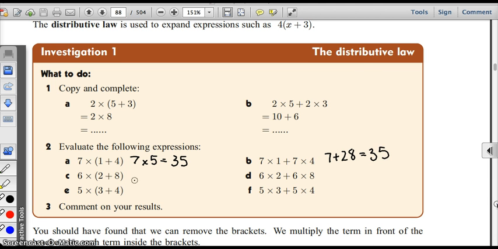This one, Tish? 6 times 10, 60. Luke? 12 plus 48 equals 60. 12 plus 48 equals 60, correct. This one, please, Jazz. I didn't do that.